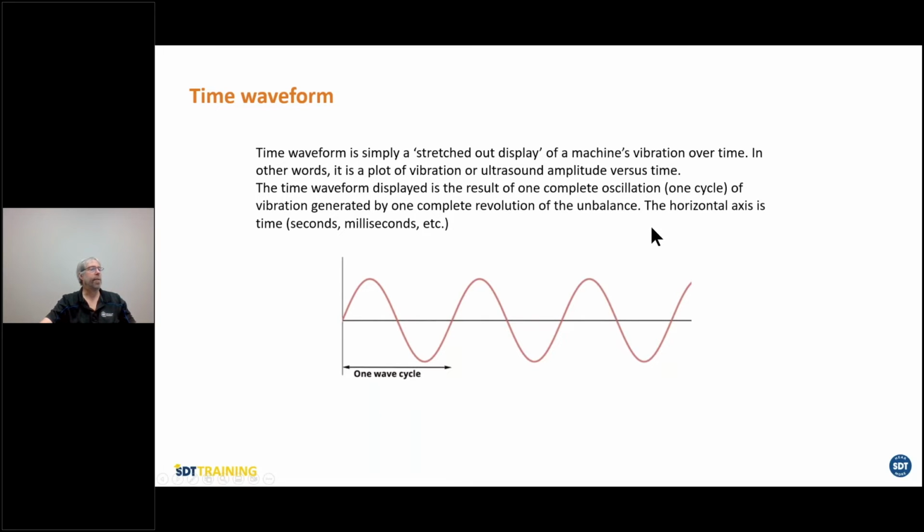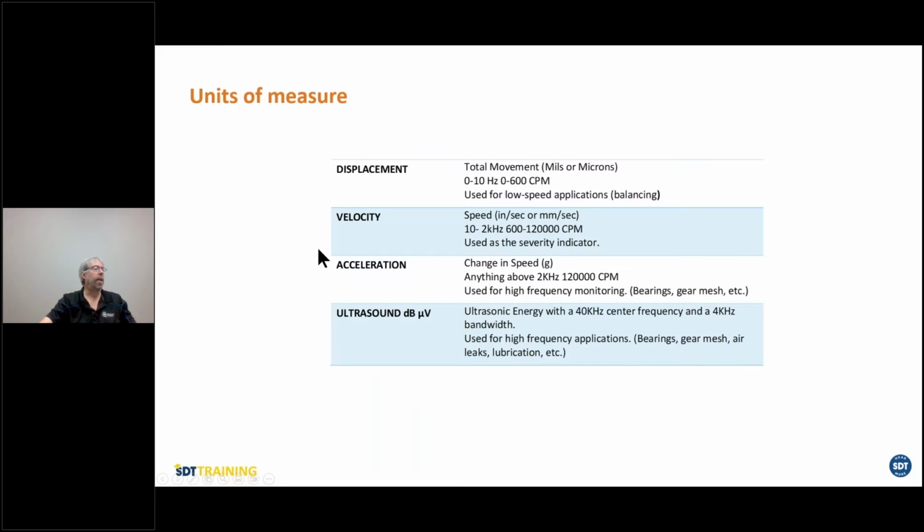The time waveform displays the result of a complete oscillation, one cycle of vibration generated by one complete revolution of the unbalance. The horizontal axis is in time, seconds per second. So this is one cycle. Boom, there's another cycle there, and so on and so forth. We use this throughout the presentation, time waveform, and the time waveform can be used in vibration and ultrasound.